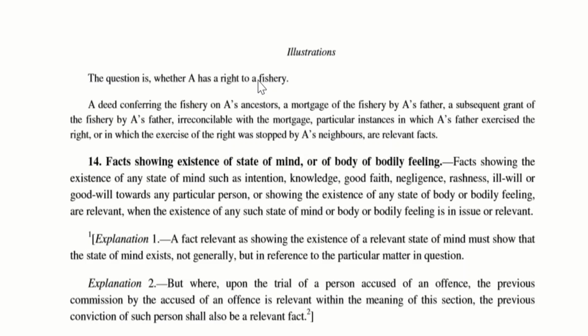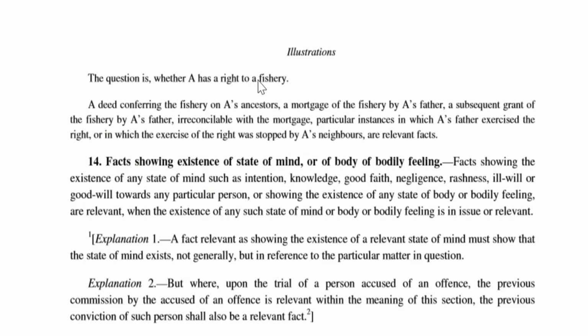Now, there is a mortgage of the fishery by A's father. Imagine that right which he has. A's father has pledged it to somebody else or mortgaged it to somebody else. Then that is also quite relevant. Then A's father is saying, my son has got a right to fish here. He is granting his rights to his son.